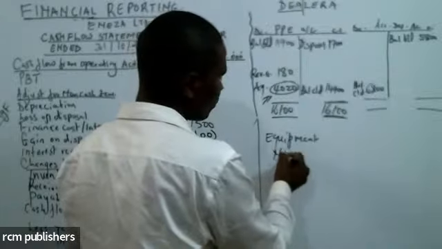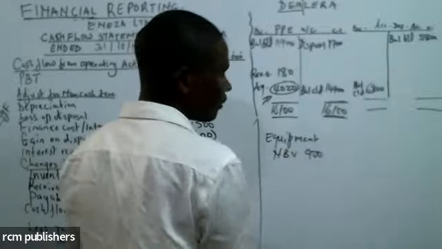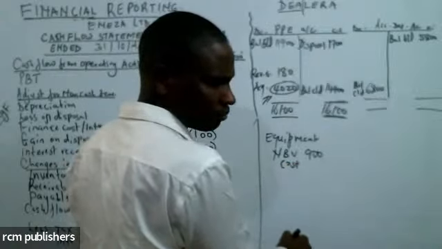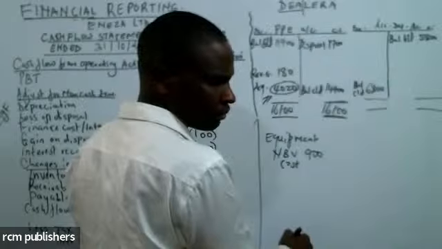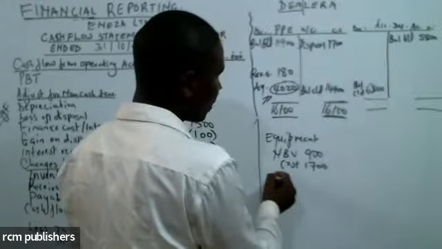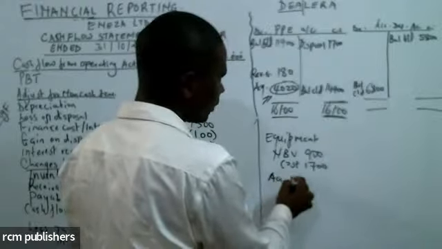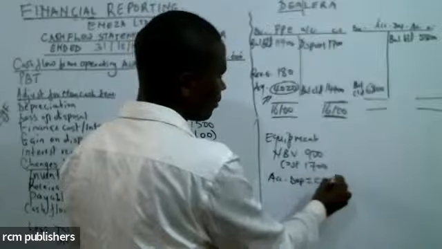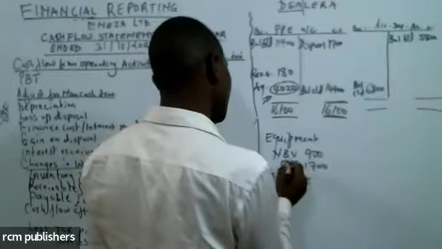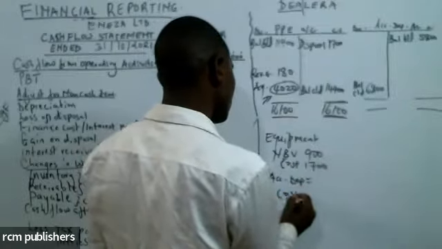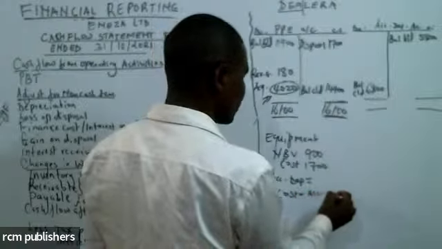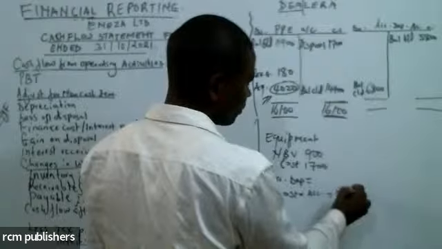Its net book value was 900 and its cost was 1,700. And we know that if I want to get net book value, it is cost minus accumulated depreciation. True or false? Please confirm for me.